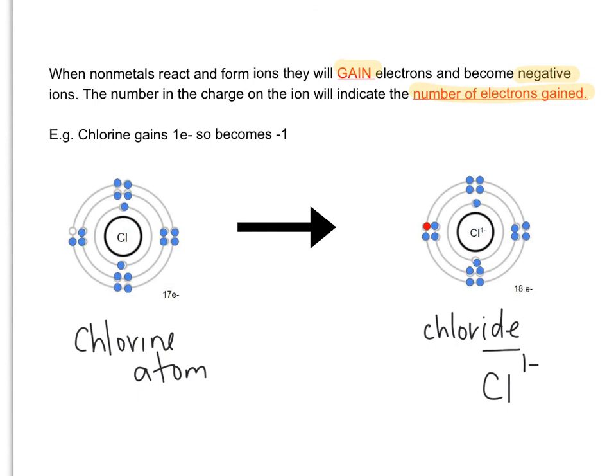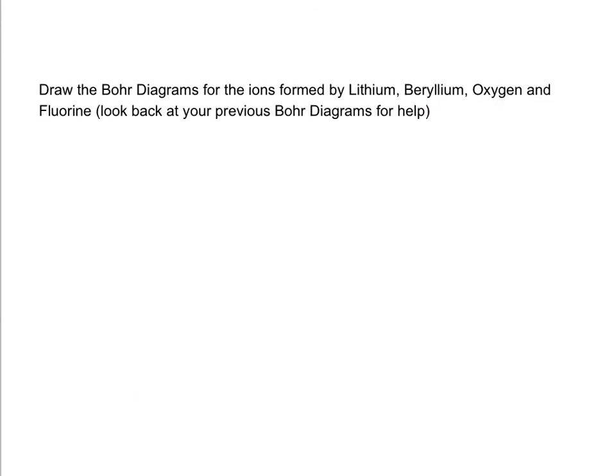Okay, so what I want you to do now is to draw the Bohr diagrams for the ions formed for lithium, beryllium, oxygen, and fluorine. You can look back at your Bohr diagrams that you've already done to help you identify it, or use your periodic table. So pause this video and try them.